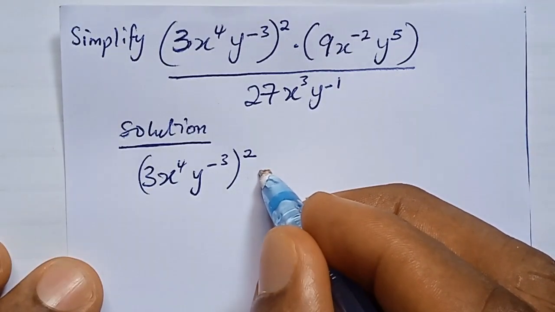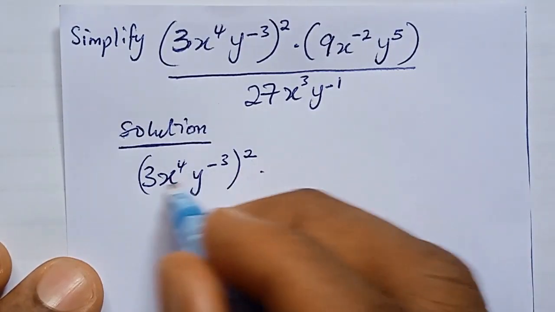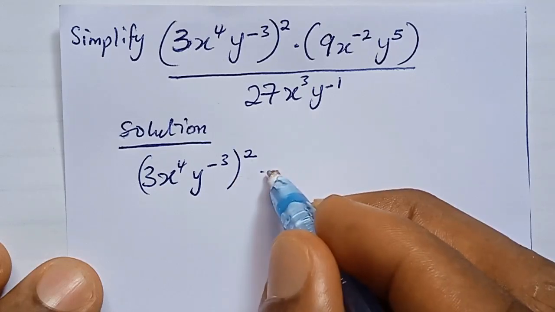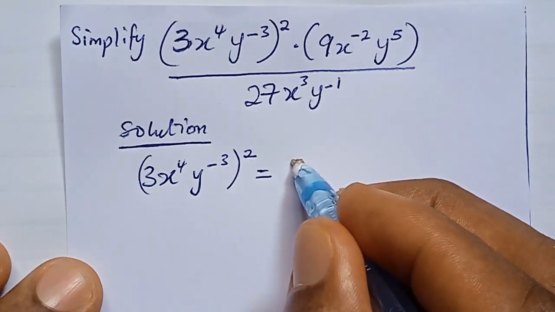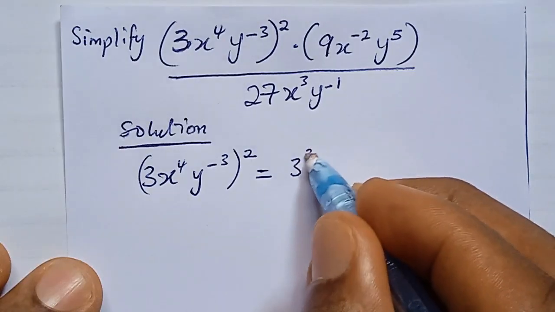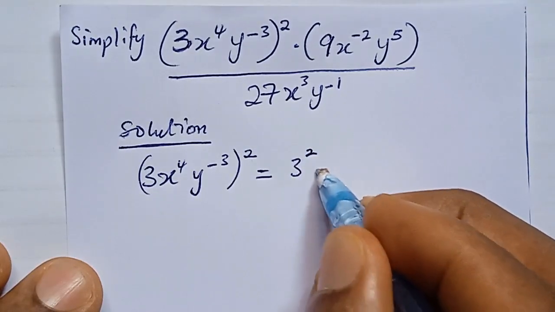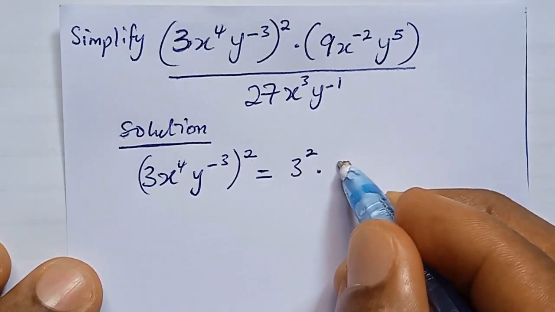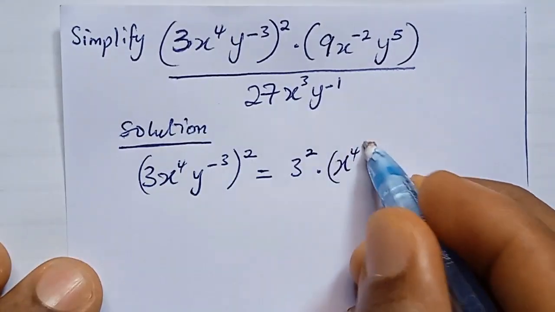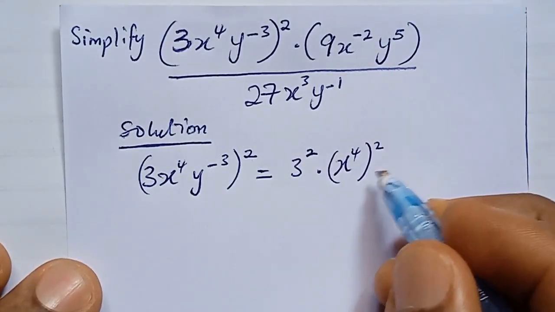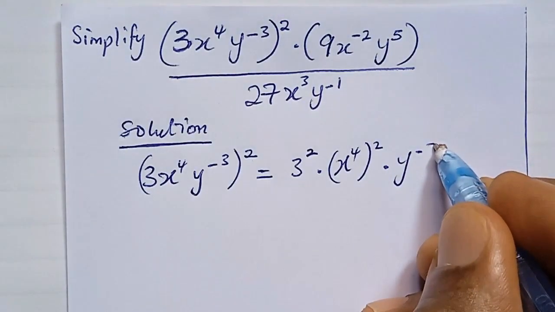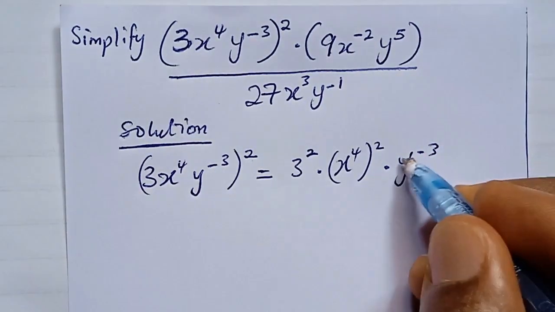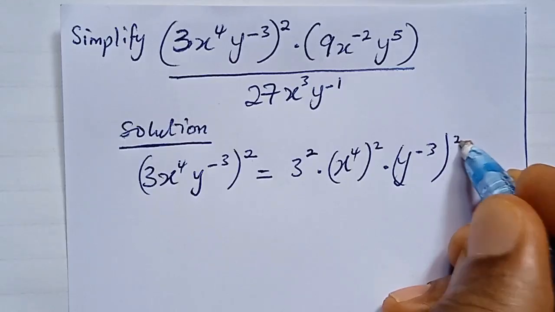Multiplying the power with the expression in the bracket, we have 3^2 multiplied by x^4 also to the power 2, multiplied by y^-3 also to the power 2.